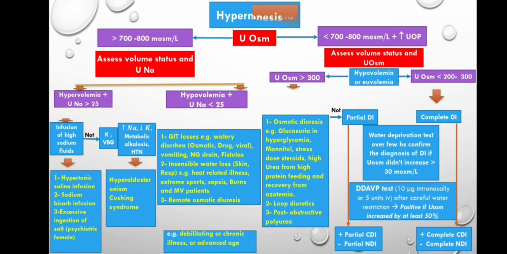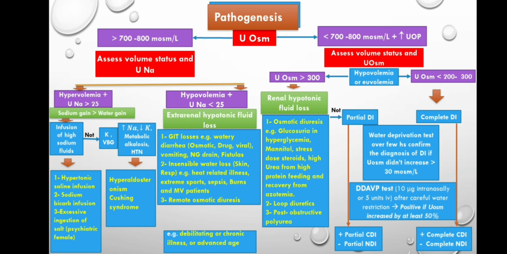Okay, what is the pathogenesis? Of course we talked about the pathogenesis in all the cases, so it is a repetition. The pathogenesis may be sodium gain more than water gain in case of hypertonic fluid intake, or maybe extrarenal or renal hypotonic fluid loss with failure to thrive, or maybe failure or disorder of renal water conservation.